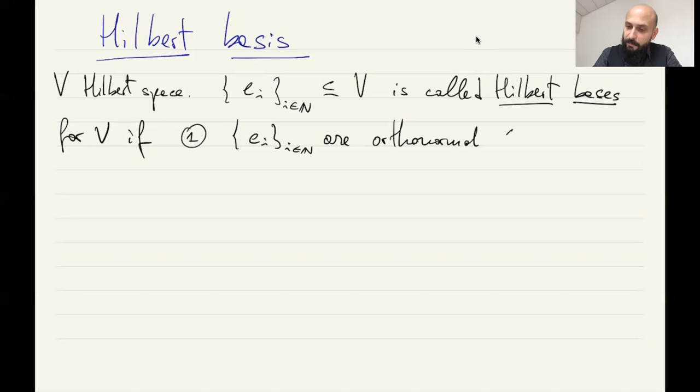In other words, the scalar product between the ith element and the jth element is, using the Kronecker delta notation, 1 if the indices are the same and 0 otherwise. So they should be orthonormal.